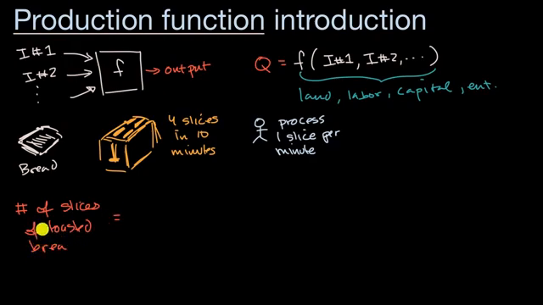And it's going to be equal to, and I'm going to make our production function the minimum of several values. And what you're going to see is going to be based on what's going to be our rate limiting factor. I don't want to get too much in the weeds with you on this, but just to help us understand. So it's going to be the minimum of, well, the amount of bread you have. So slices of bread.